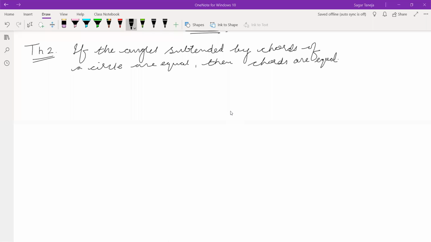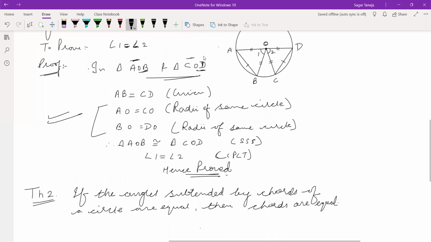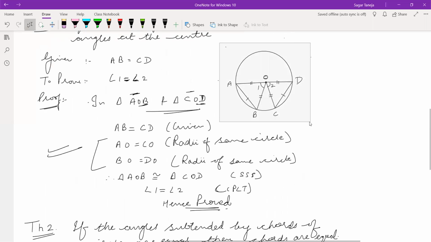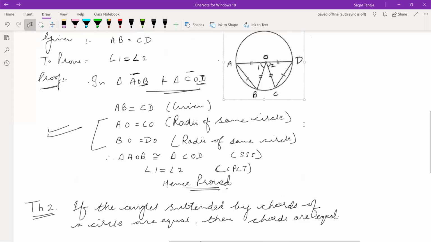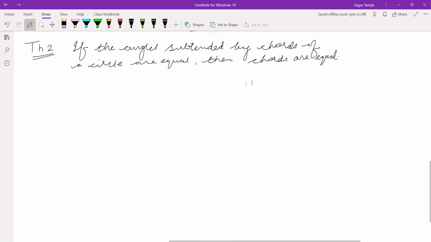What is the meaning of subtend? Subtend means to make. For example, look here. I'll explain to you with the figure one more time. The figure will be the same in the second. Draw the same figure in the second.